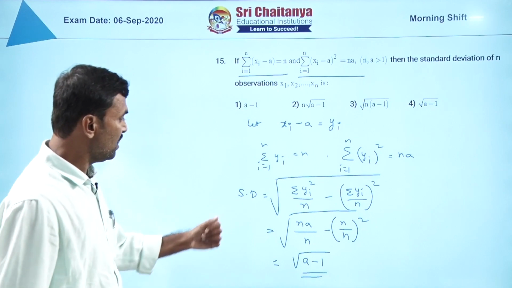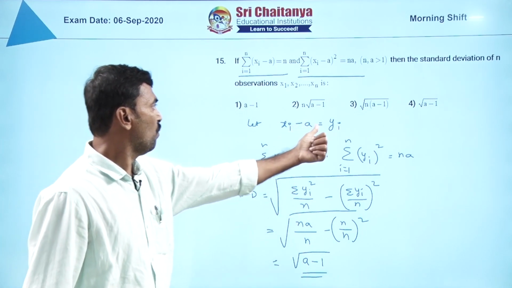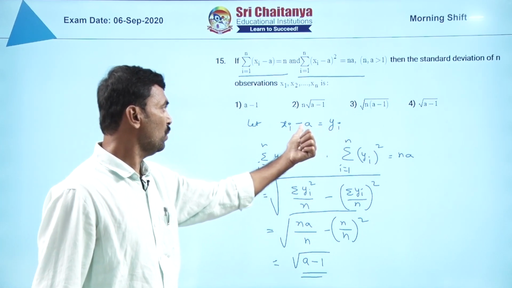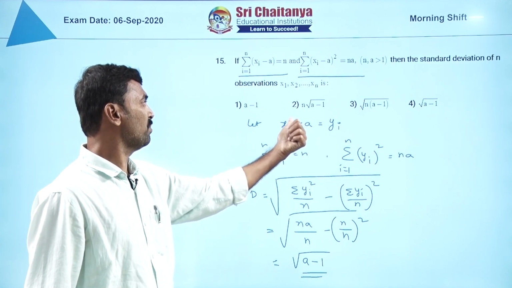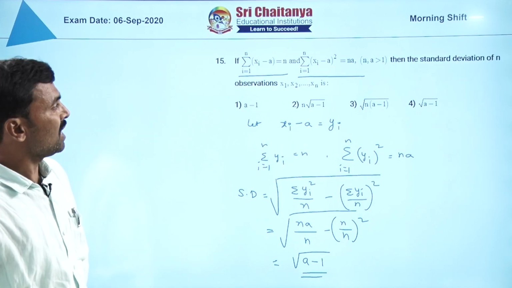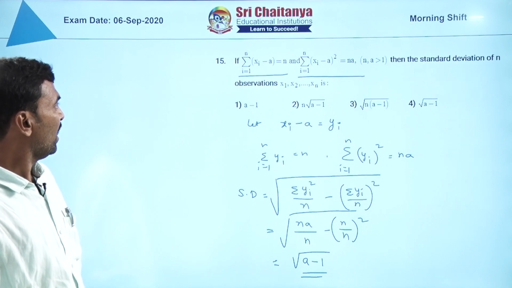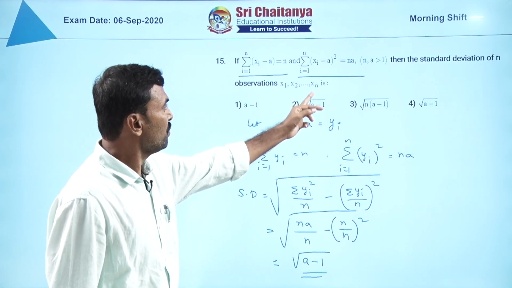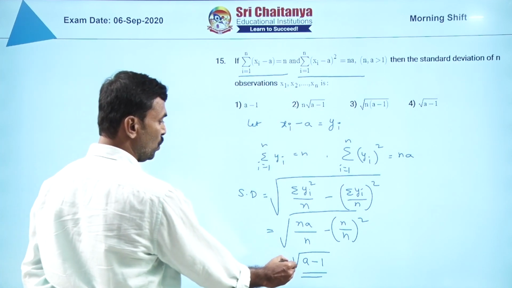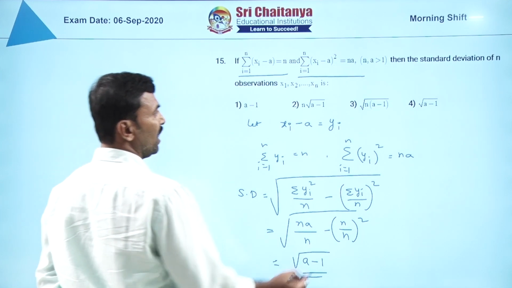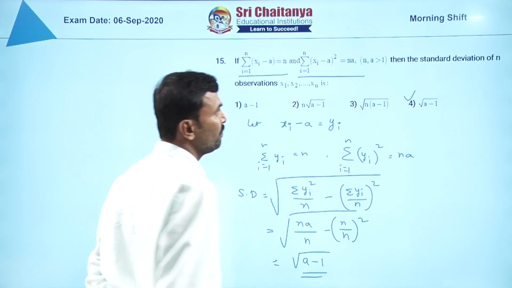So, this is the standard deviation for the yi's, but I told you when a constant is added or subtracted to the observations, the standard deviation will not change. Hence, for these observations also the standard deviation is root over a minus 1 only. Hence, the fourth option is correct.